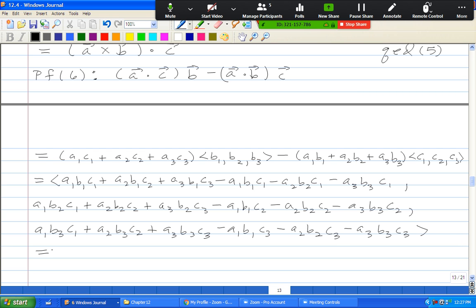So this is equal to, let me get rid of some things that are the same. These are the same. That's it. These are the same. And these are the same.